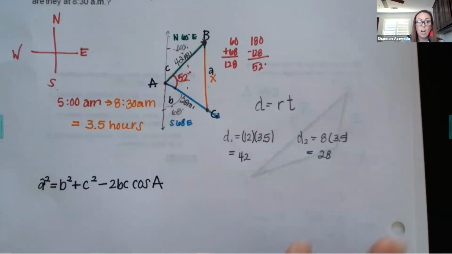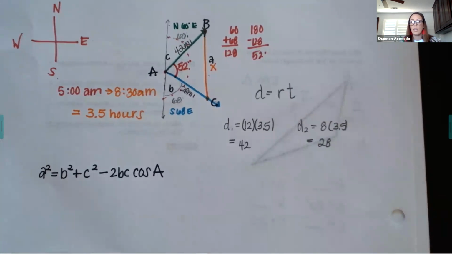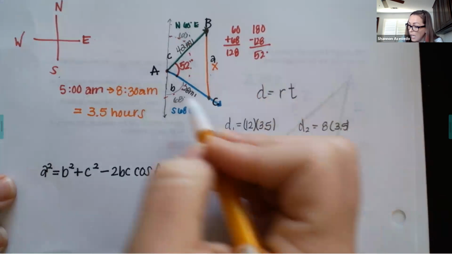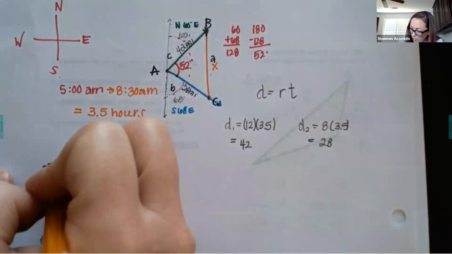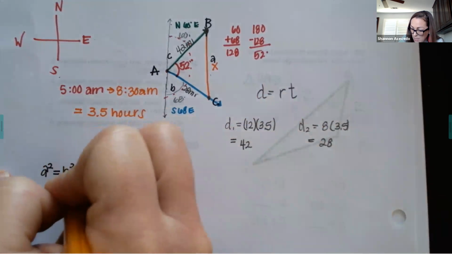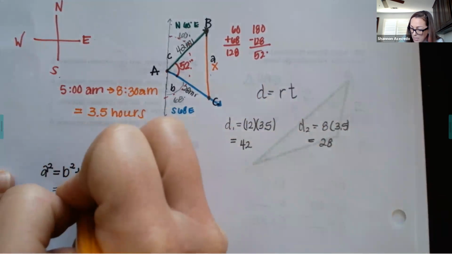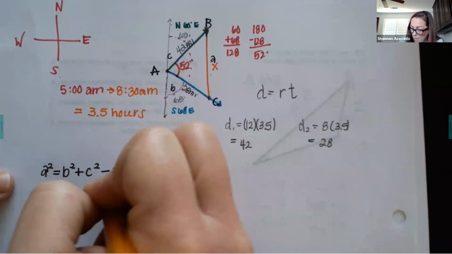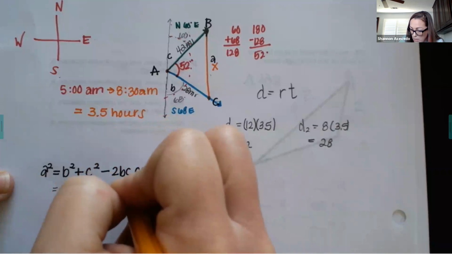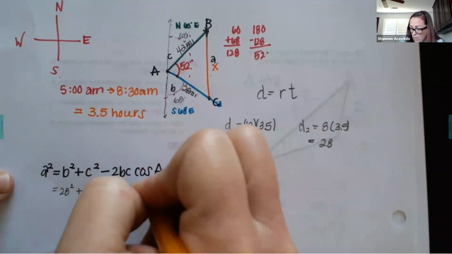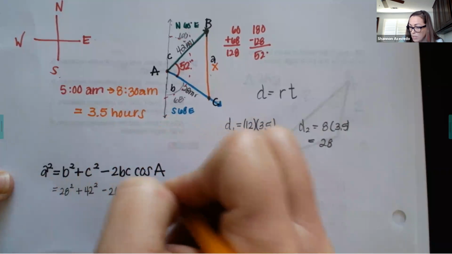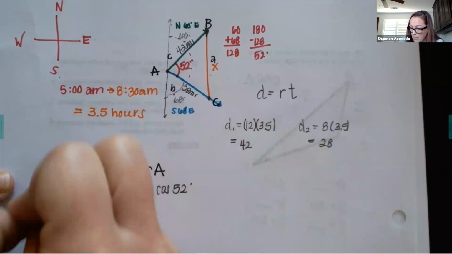It's the one you prefer because it's usually easier for you. So now I fill in all my awesome information that I know, because I know my side B is 28 squared plus my side C is 42 squared minus 2 times 28 times 42 times my cosine of 52 degrees.